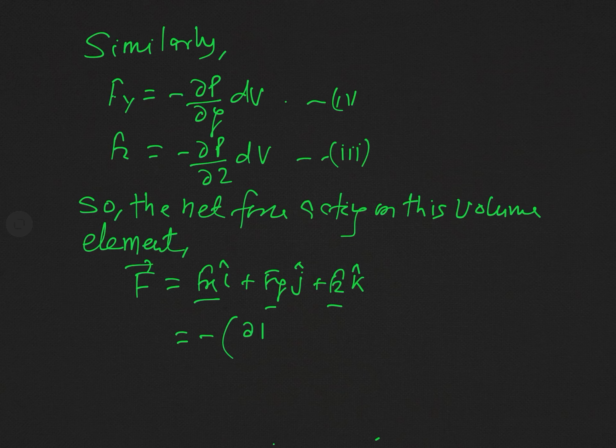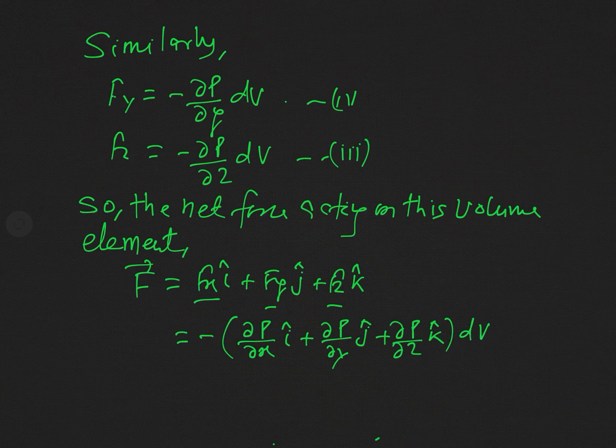So this will be minus del P by del x i plus del P by del y j plus del P by del z k, times dV.